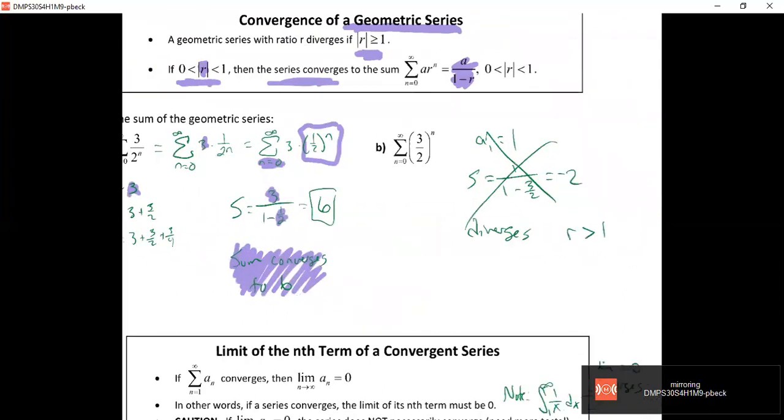The second case, it's kind of funny if you take a look at the second case and you try to apply the 1 over 1 minus r, you get -2. And this is one of those that I know we talked about a little bit, that the sum of all the positive integers is -1/12. This is kind of a situation like that where algebraically we can manipulate it to get there.